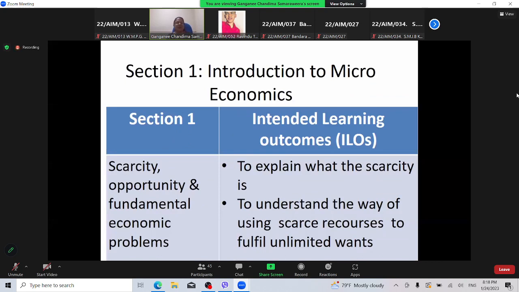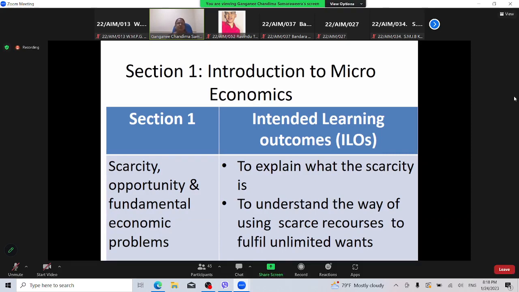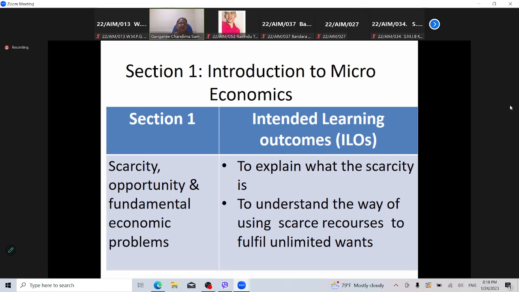Hope you all got some insights into this course. So this is Introduction to Microeconomics. Under section 1, you need to understand about scarcity, opportunity, and fundamentals of economic problems.